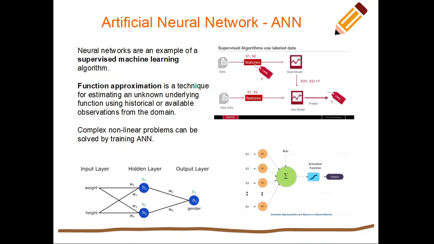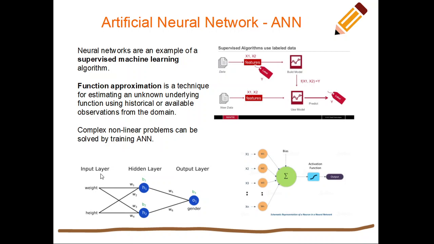So in this picture, as we can see here, we are feeding in the input data, which has input features and labels, and using this input data and the labels, we are training the network.